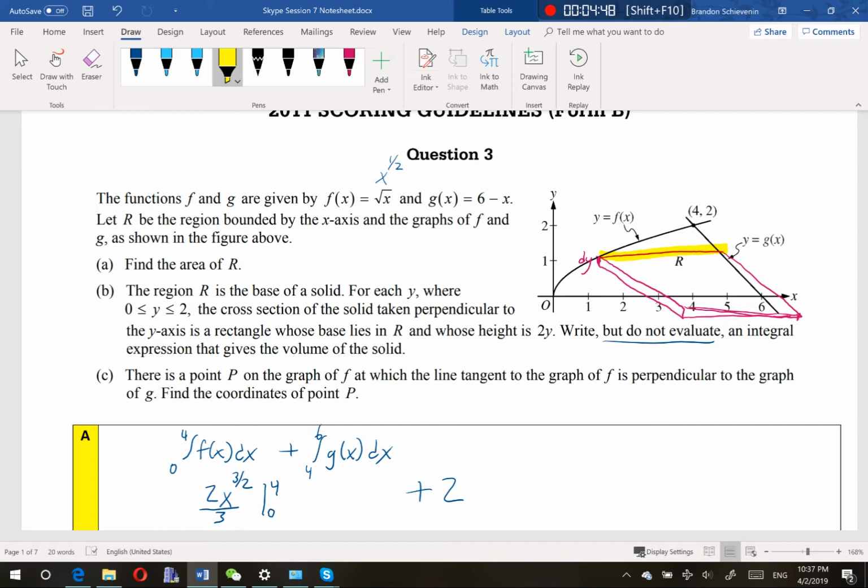g of x minus f of x. Close. g of x and f of x are y values. The inverse of them. Not the inverse, no. I need to be looking at x values, not y values.